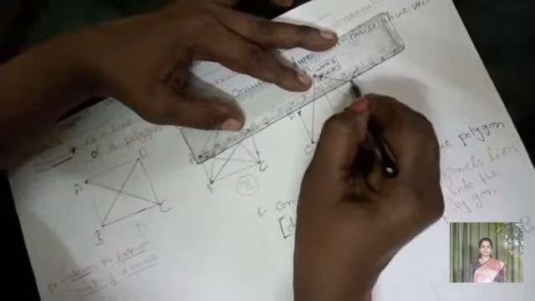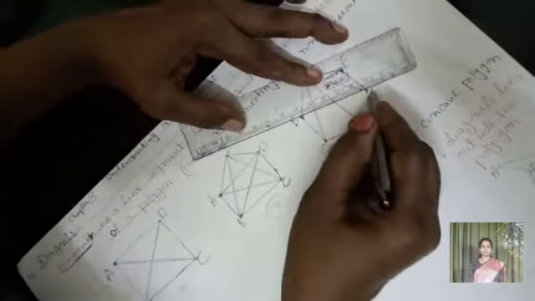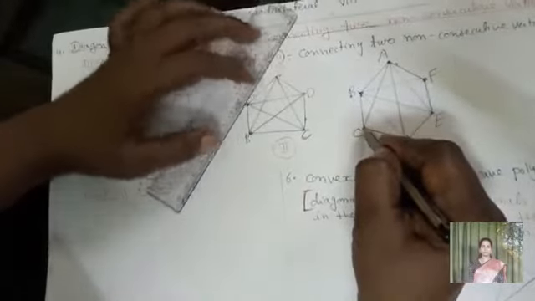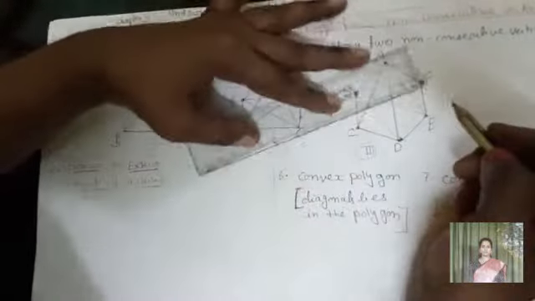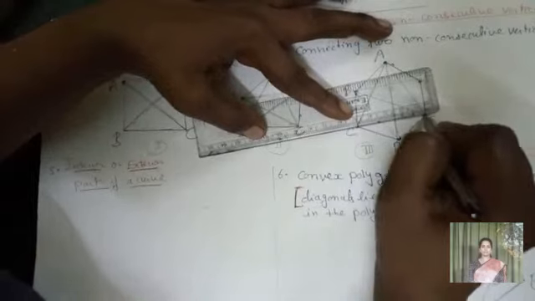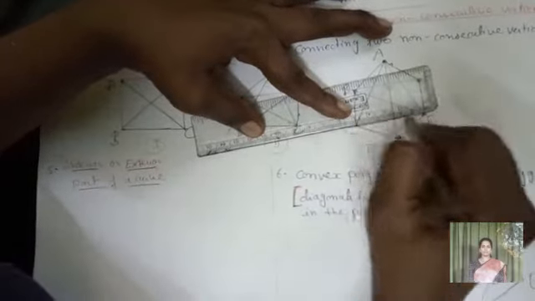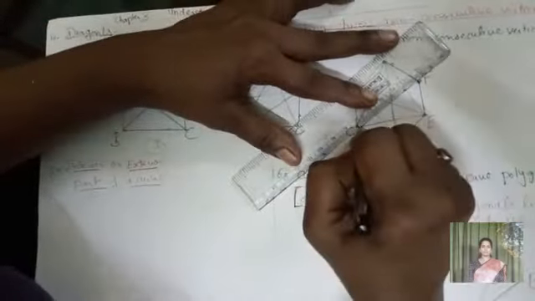We have to join B to F, B to E and B to D. Then from point C we cannot join B and D, but we can join C to A, C to E and C to F.